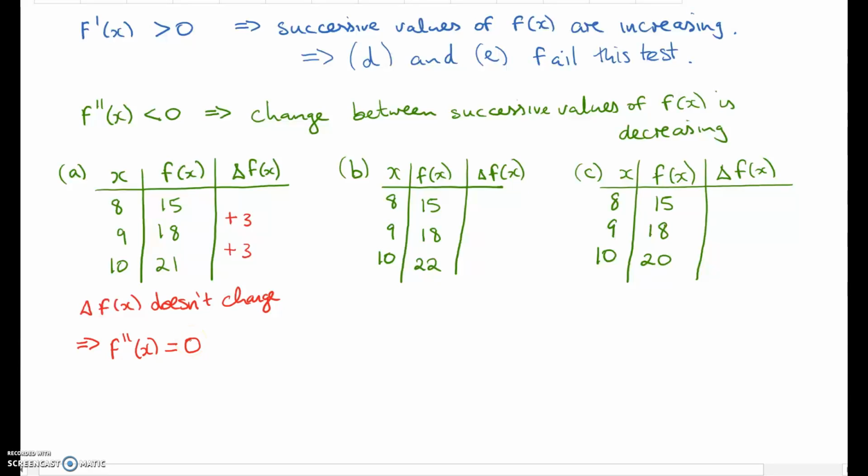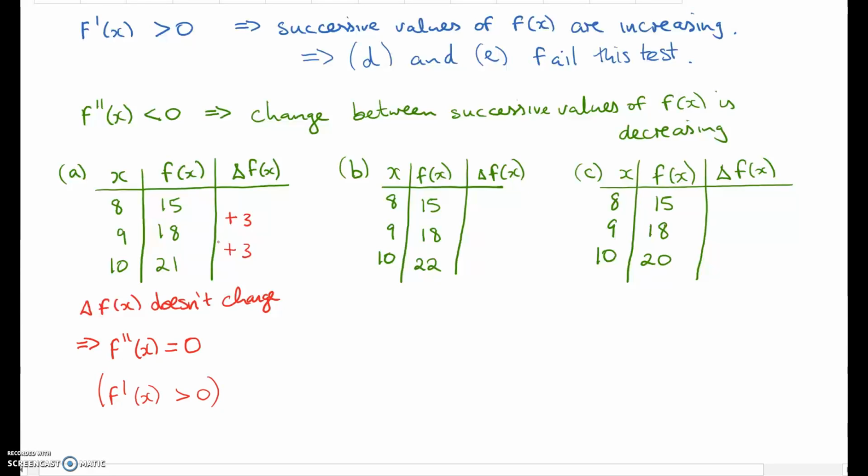The first derivative will be positive because f of x is going up, as it is in all of these cases. So the first derivative is positive, but in the first case, there's no change in delta f of x. So the second derivative is going to be 0.